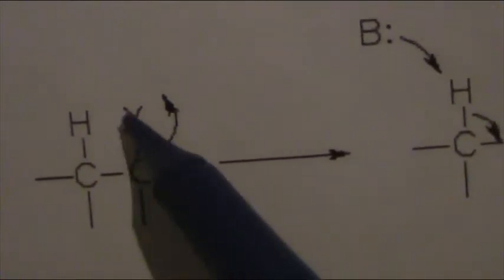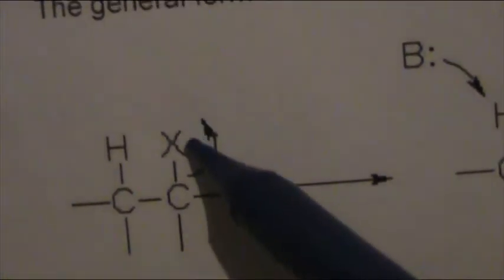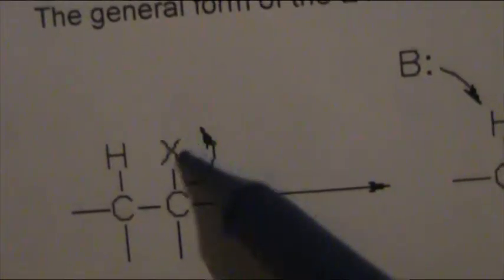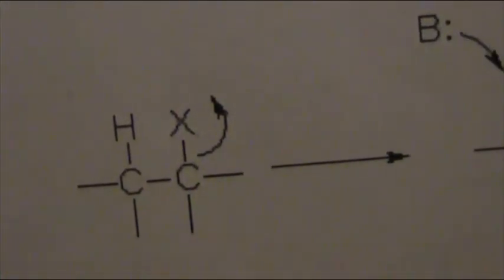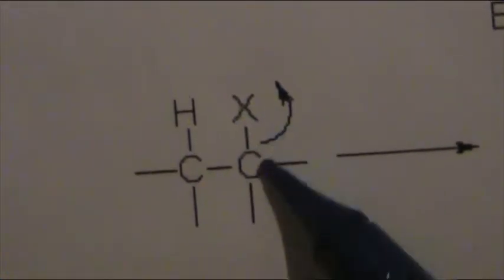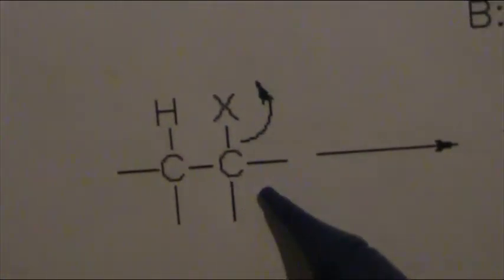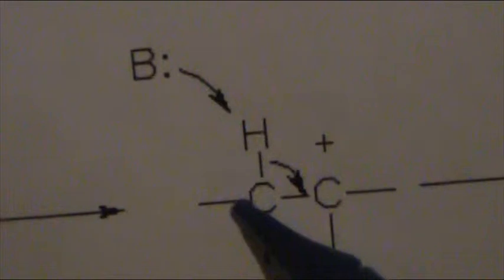There would be a plus charge, because when the halogen leaves, it takes the electrons with it. What it leaves behind is a carbon which is now hungry for electrons. Poor carbon has been robbed of its electron. The halogen did not stay here and took the electron. The carbon is now electropositive.